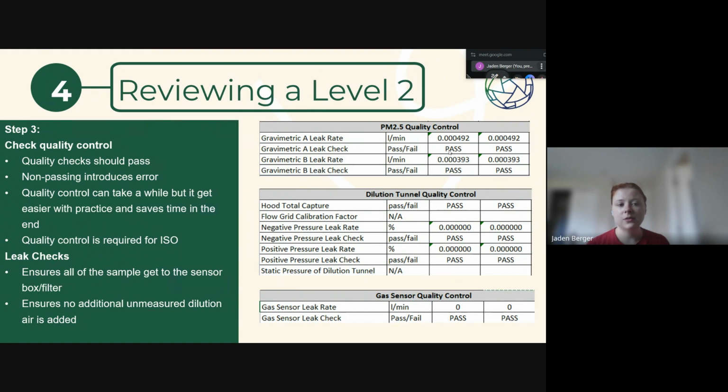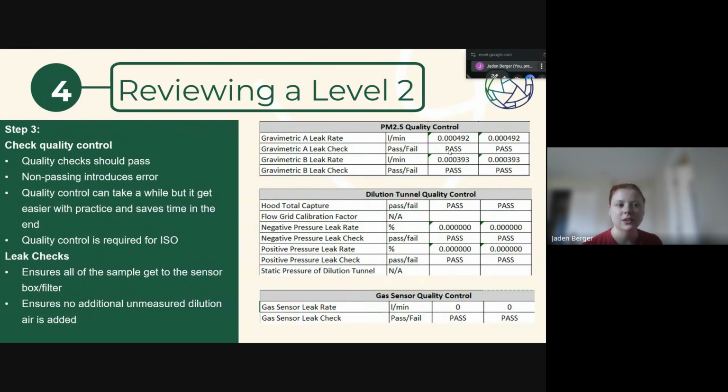So I know that quality control, like leak checks, can take a while, but I promise that they get easier with practice. If you're doing a leak check every single day, you're going to get that down to 15 minutes or less. If you're only doing a leak check every month or two, it's going to take a lot longer every time.